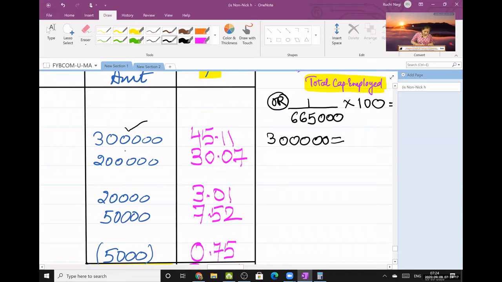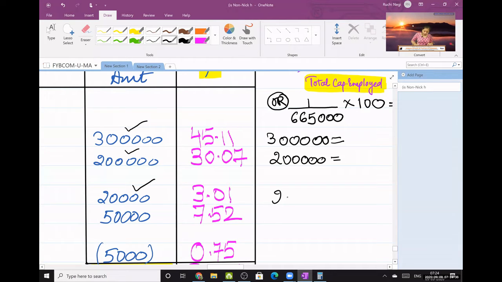Next, whose answer do I want? 2 lakhs. So type 2 lakhs on your calculator and press equal to. See, you get this answer, 30.075. You can make it 08 also or 07. Next I want the answer for this one.